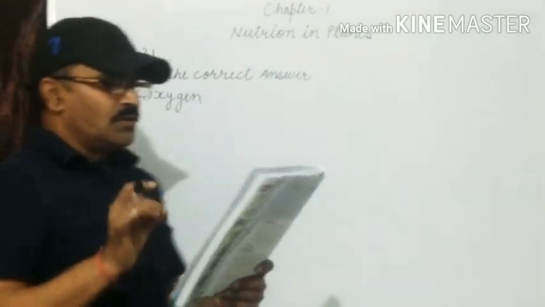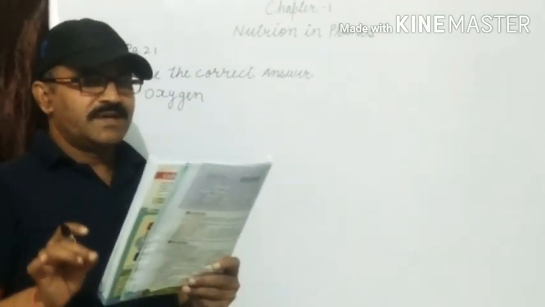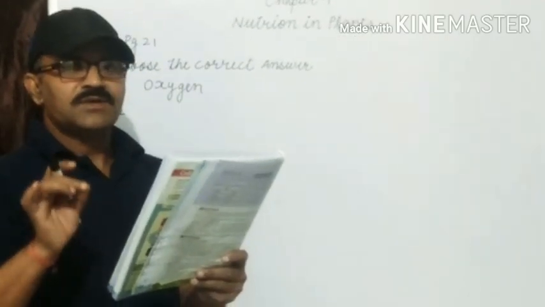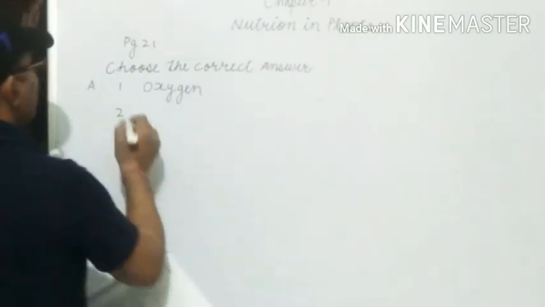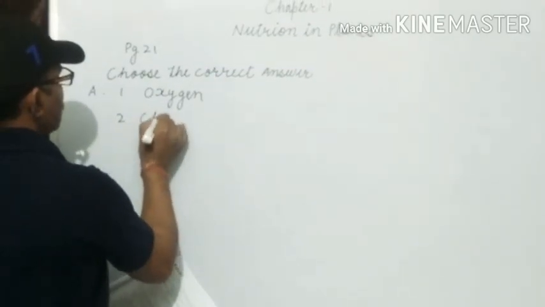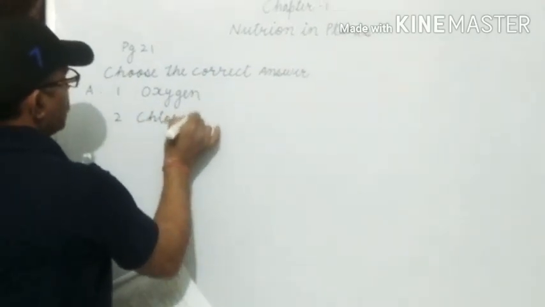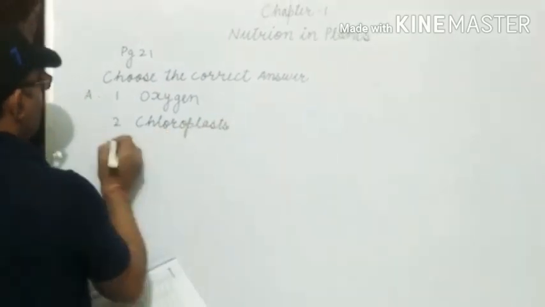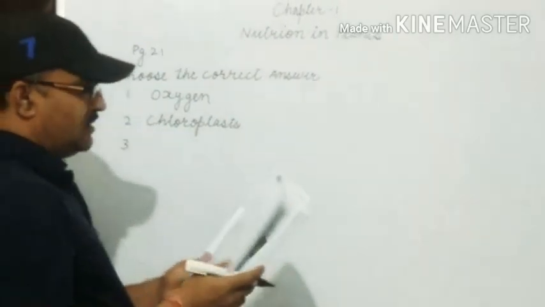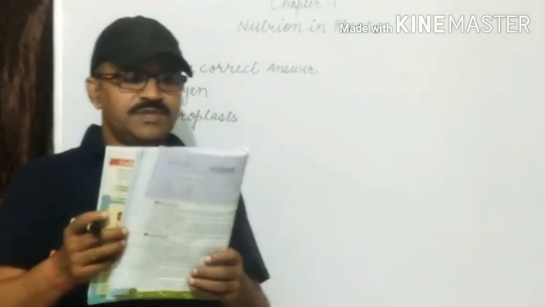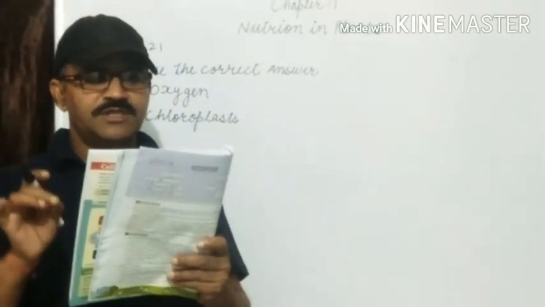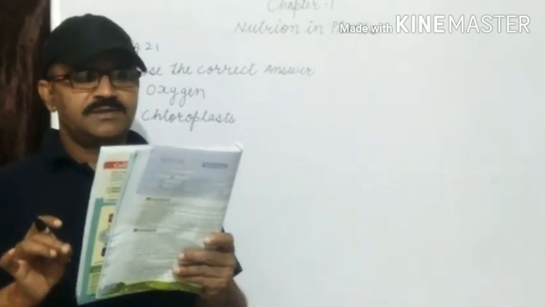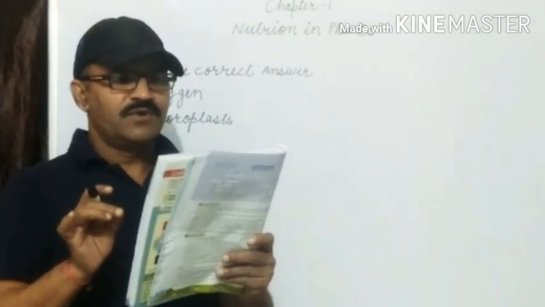Second, chlorophyll is present in the plant cells in structures called, answer is chloroplasts. Third, which of these helps to transport starch from the leaves to other parts of the plant? Answer is phloem.